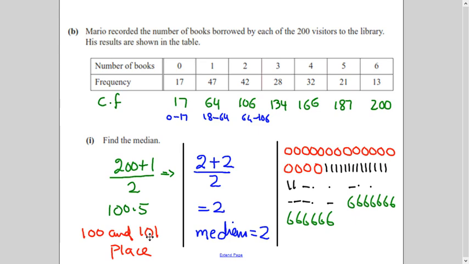So I will pick up the data present at the 100 place. From 64 to 106 place, the number of books is 2. So at the 100 place there are 2 books, and at the 101 place there are 2 books. I'm adding it up and dividing by 2. So my median is 2.